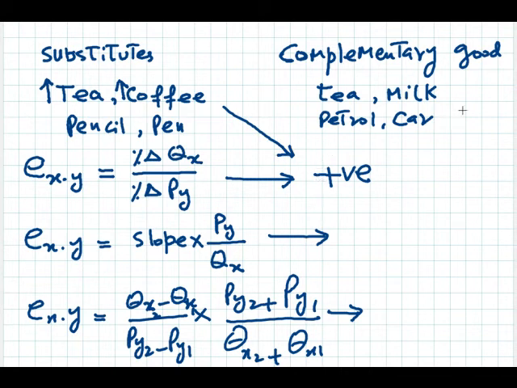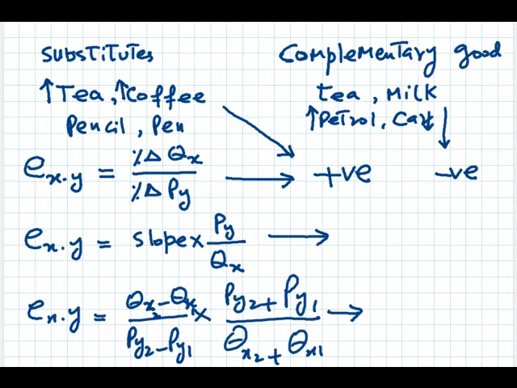Whereas in case of complementary goods, when the price of petrol increases, the demand for cars will decrease. So here there is a negative relationship between price of petrol and demand for car.